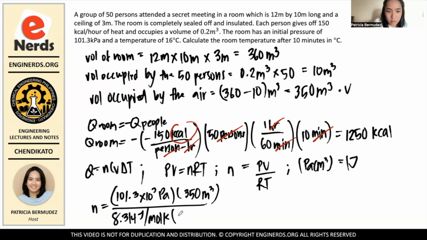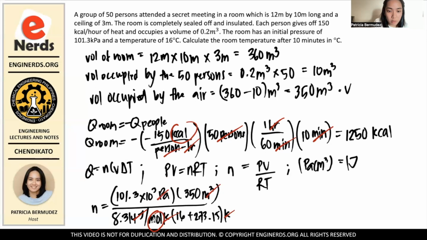And then the temperature initially is 16, but you have to convert it into Kelvin. So 16 plus 273.15 Kelvin. You can see that the units will cancel off each other again here. Pascal meter cubed is joules, and then Kelvin cancels, so what remains is moles.